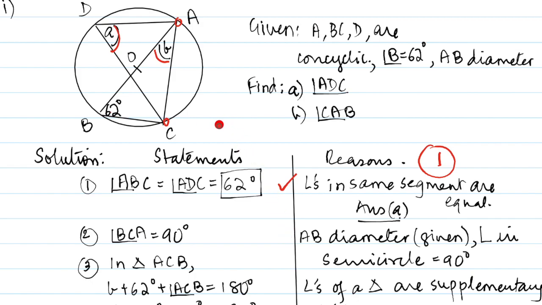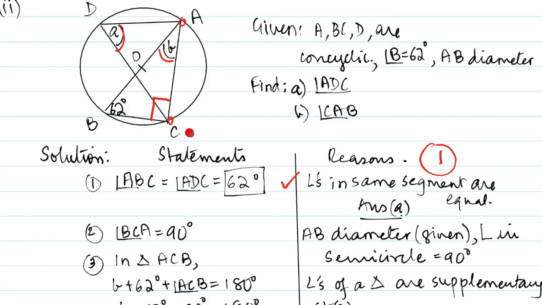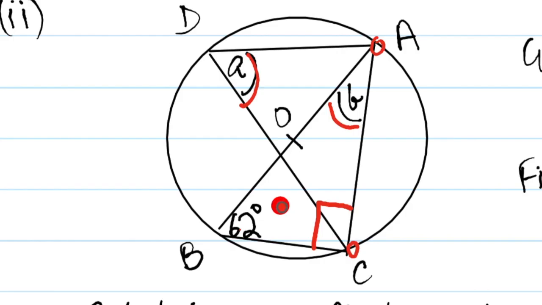Okay, now we have to come to B. What do we know about B? It is part of this triangle. And we also know that AB is the diameter, which means this will be 90. Yes, because angle in the semicircle is 90 degrees. So that's what we have written here. And then we will take this triangle over here.